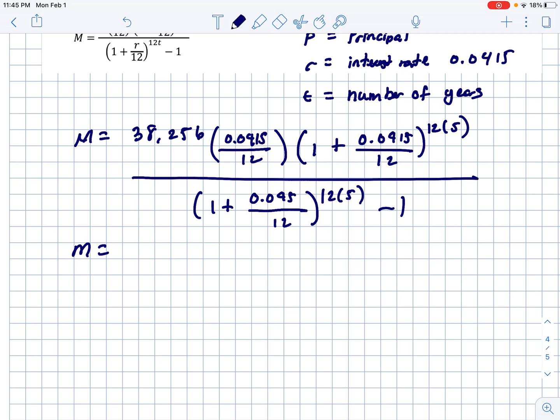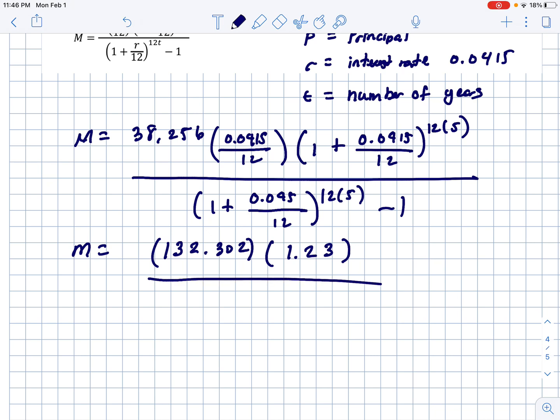Okay, so this first part is 132.302. Okay, we'll do this side. I've got 1 plus 0.0415 divided by 12 raised to the 60. This one's 1.23.